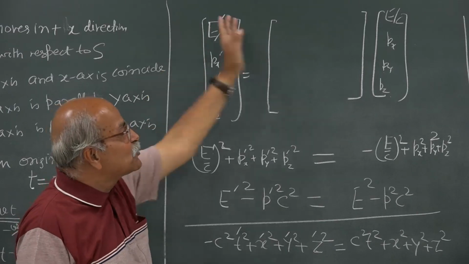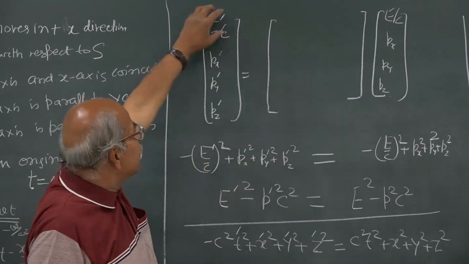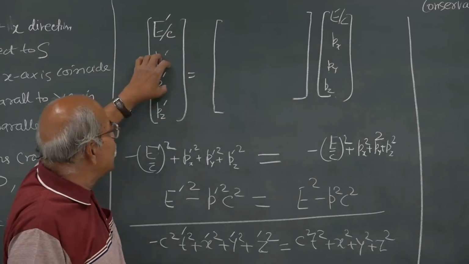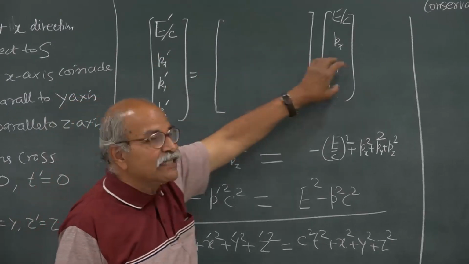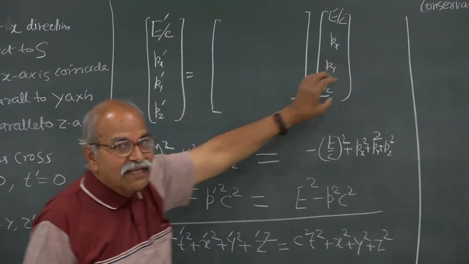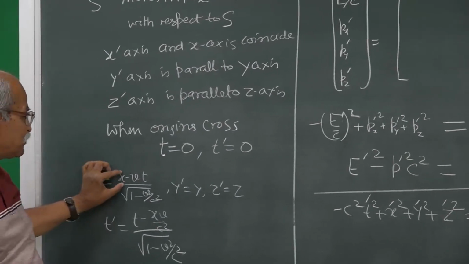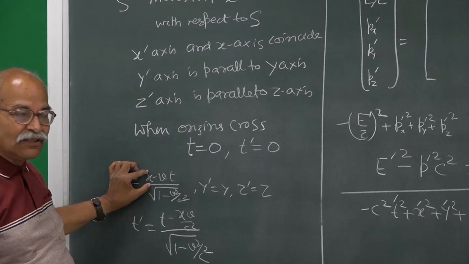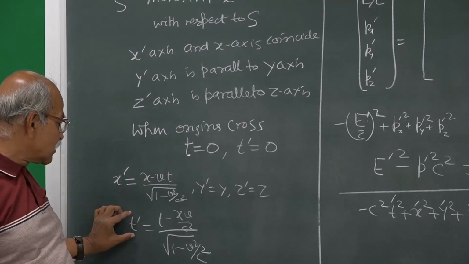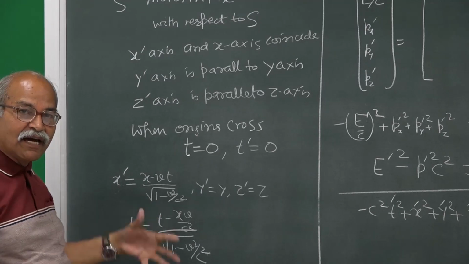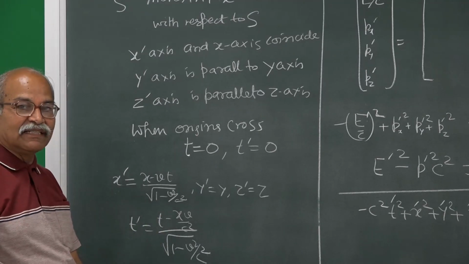But when you change to some other frame, this energy is not related solely to that energy, and this linear momentum is not related solely to that linear momentum, just like this position x is not related solely to that position x, or this time is not related to that time. So time and space are mixed up.